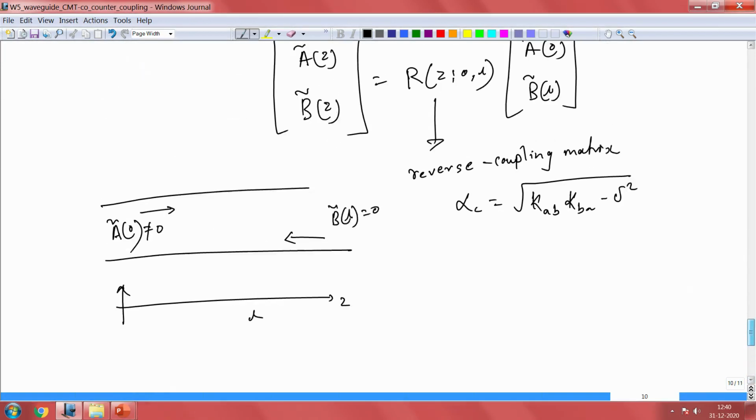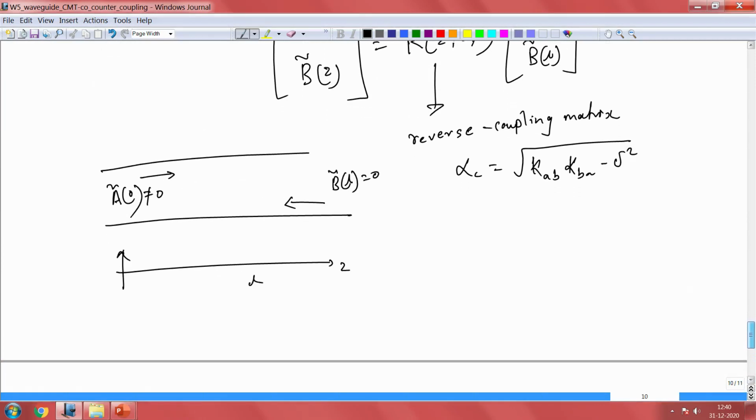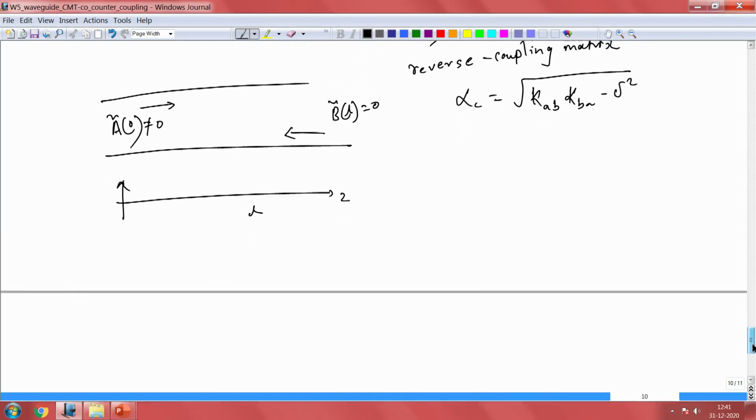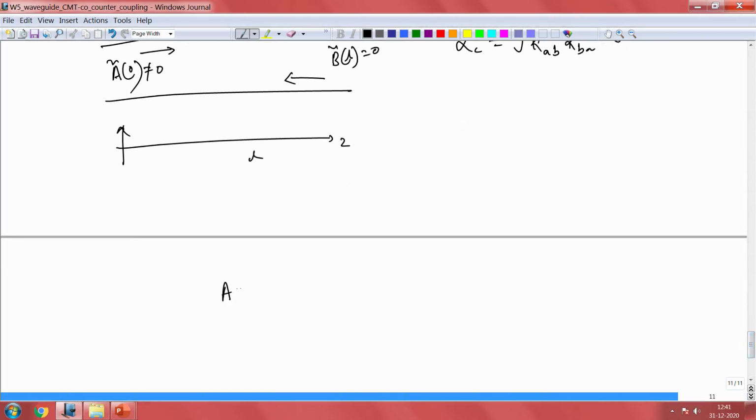So, now let us write the field equation for A and B at some arbitrary position. A of z will be equal to A tilde of 0 times.